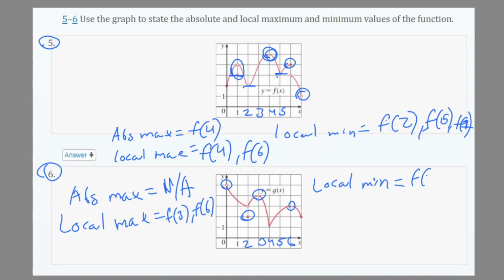So we have a local minimum of f of 2 and we have another one at f of 4. And we also have technically a minimum here. If it was the lowest most point, it would register as an absolute minimum, but here, since it's at the edge of the graph, it's not an absolute minimum. It would not register as a local minimum because it's not in the realms of the interval.